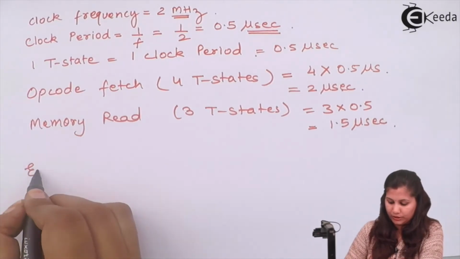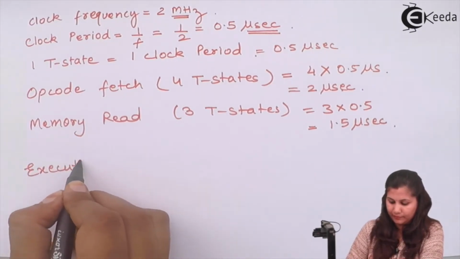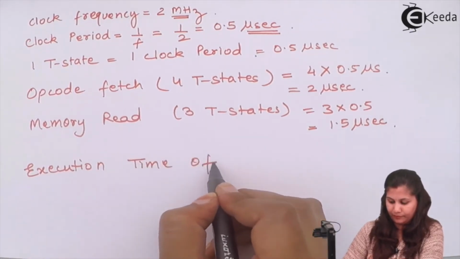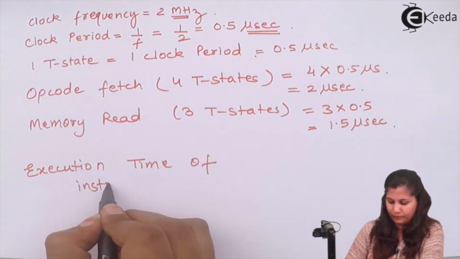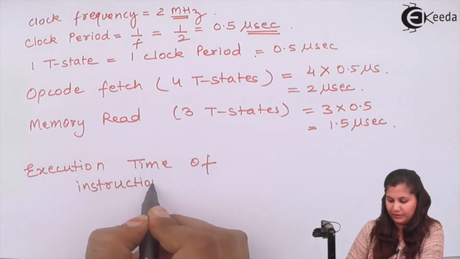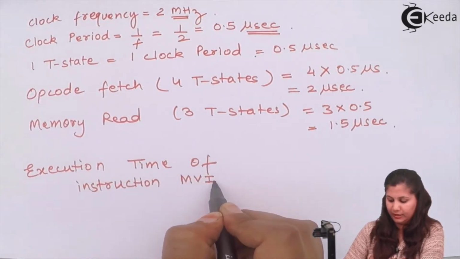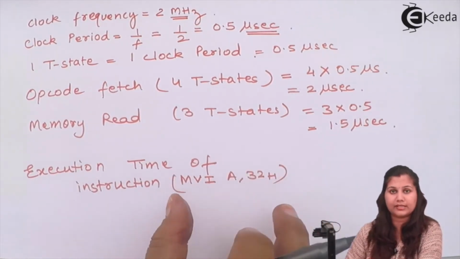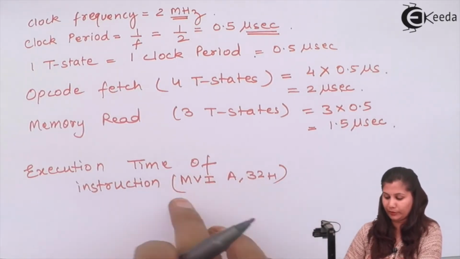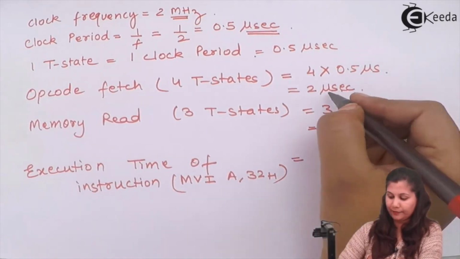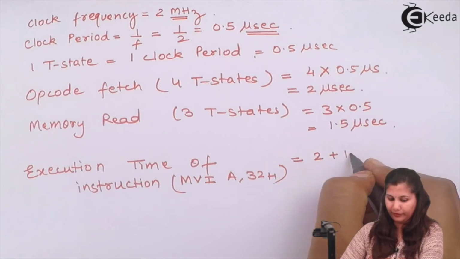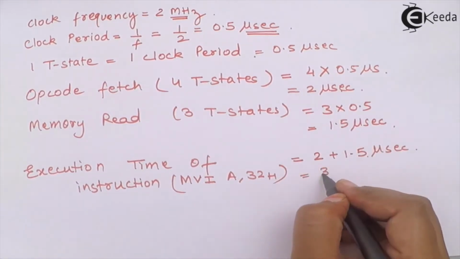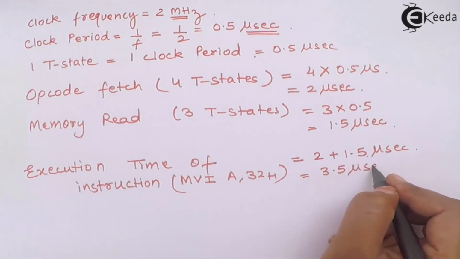So the total execution time of the instruction MVI A, 32H, the total time required to execute this instruction, is 2 plus 1.5 microseconds, so it is 3.5 microseconds.